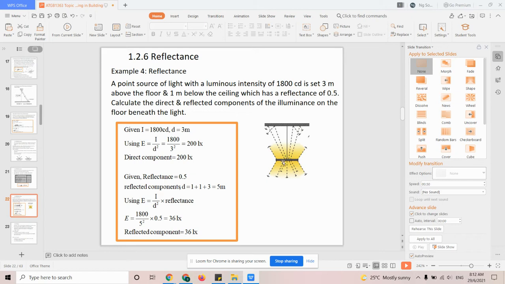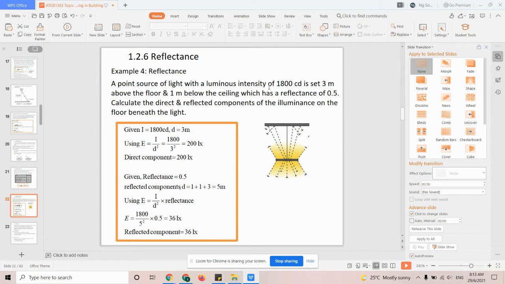You have direct light straight from the point of light to the surface that you want, and you also have a reflected component, where the light is reflected off the source of light towards the ceiling, and then bounces towards the table or the surface of the work area you want.